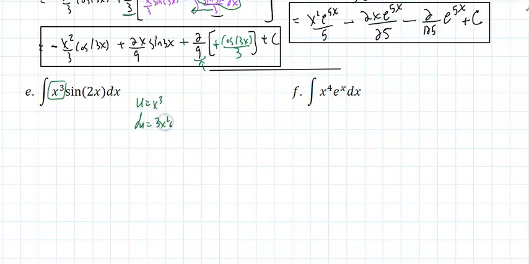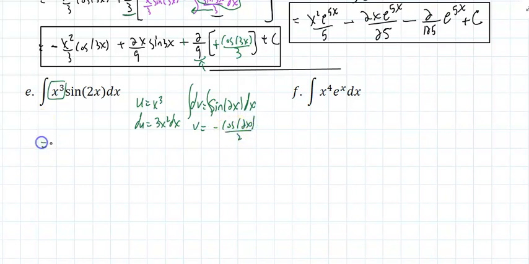That's 3x squared dx, which means dv must be whatever is left over, and that would be the sine of 2x dx. So if I integrate, what do you take a derivative of to get sine? Negative the cosine of 2x divided by 2.